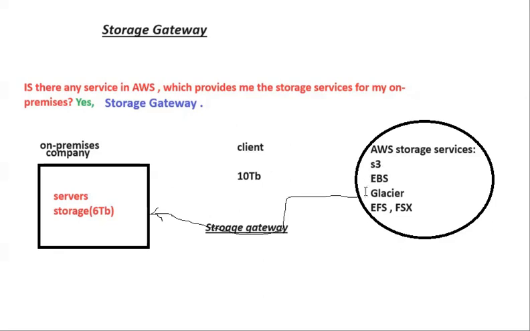If I want to connect EBS, then to mount these EBS volumes to my on-premise servers, by using which service can I connect? Storage Gateway. If I want to connect Glacier to my on-premise storage servers, which service are you using? Storage Gateway. Similarly, we can even connect EFS by mounting using Storage Gateway.